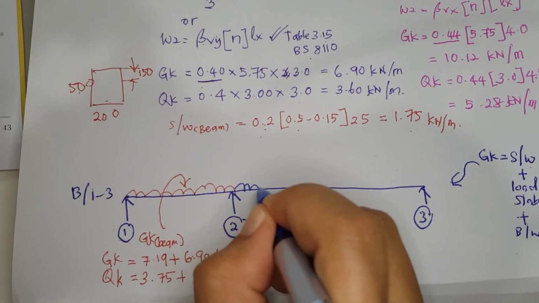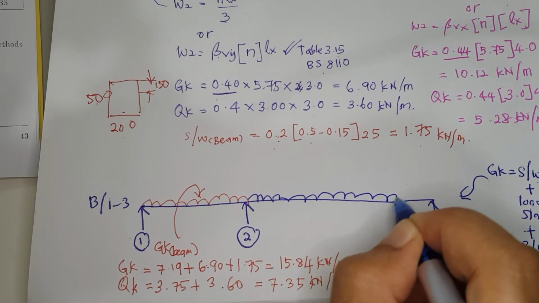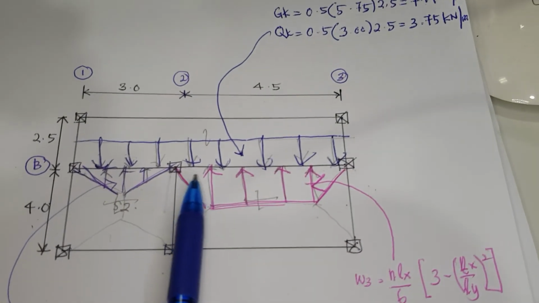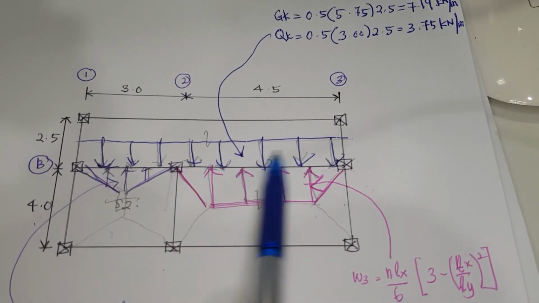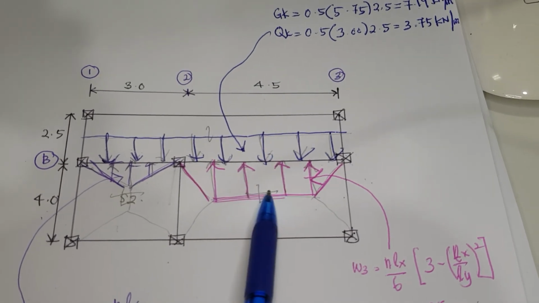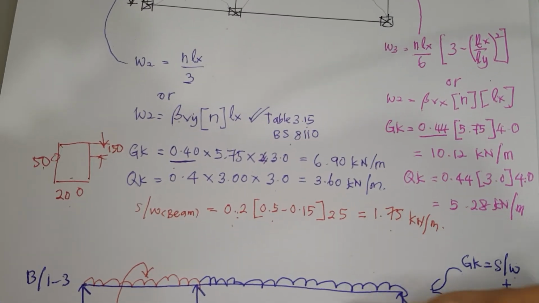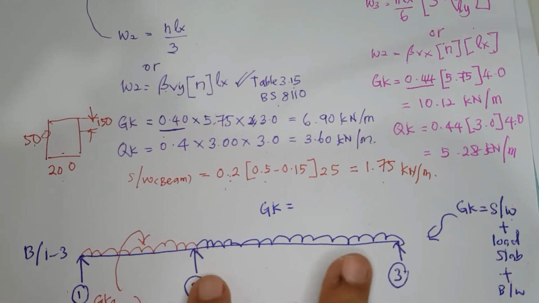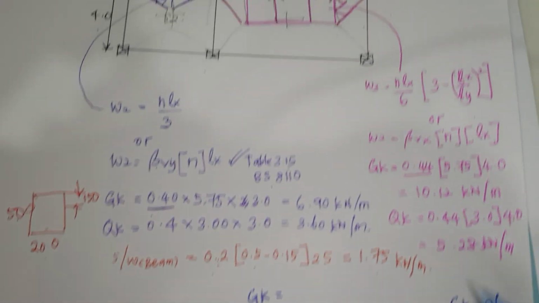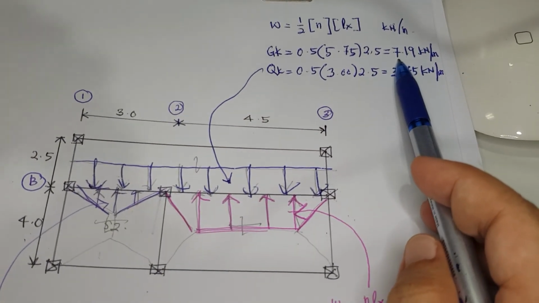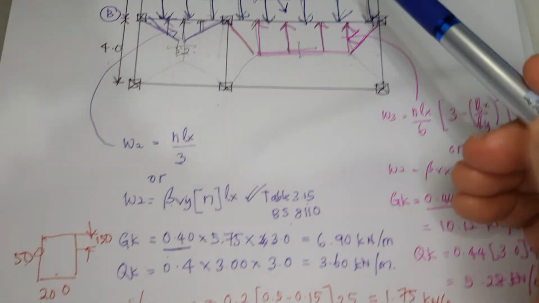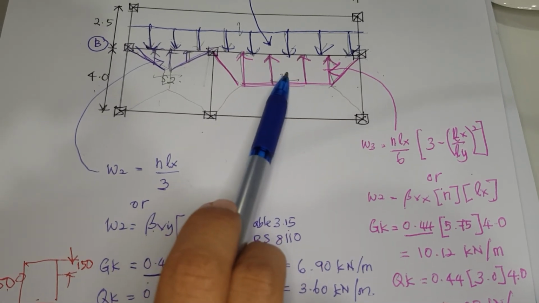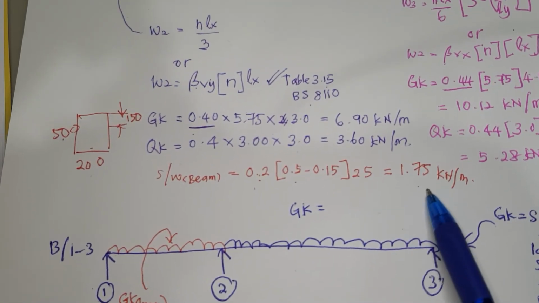Then for this part, beam B13 receives load slab from slab number 1 and slab number 3. So GK for this span is 7.19 from slab number 1, 10.12 from slab number 3, and the self-weight of the beam.